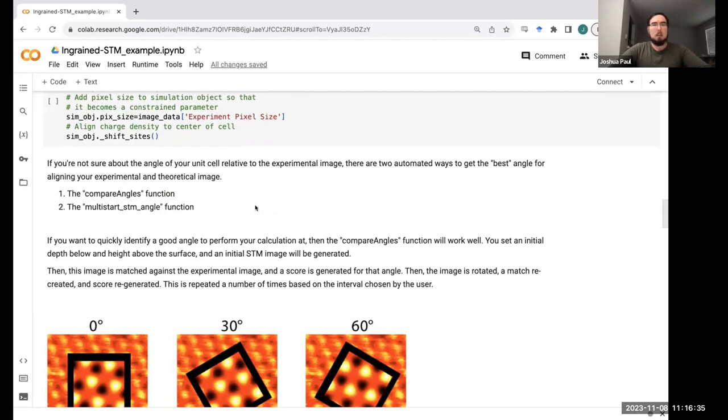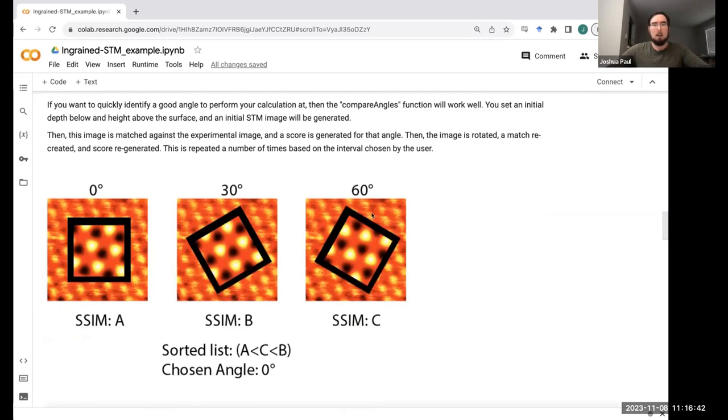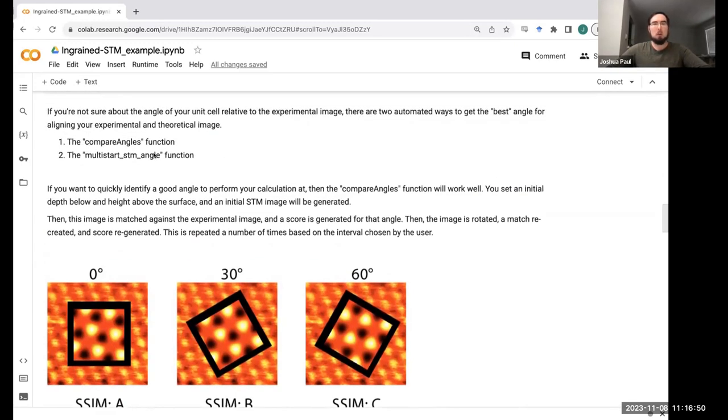Next, you need to set the angle that your theoretical image is to your experimental image. You can do this using the compare angles function, which is just a quick way to compare the angles and then rank them and select based on the initial match. You can also sort through and perform Ingrained optimizations for multiple angles.